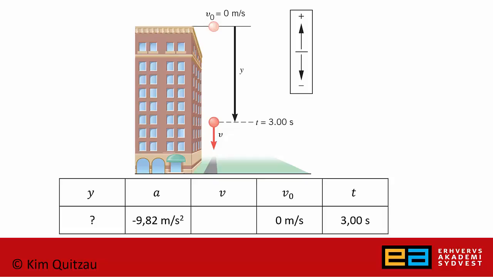initial velocity multiplied by time plus 1/2 multiplied by our acceleration multiplied by time squared.